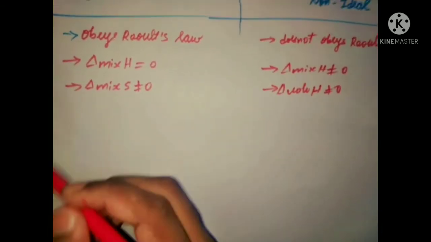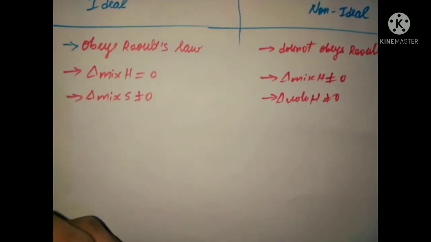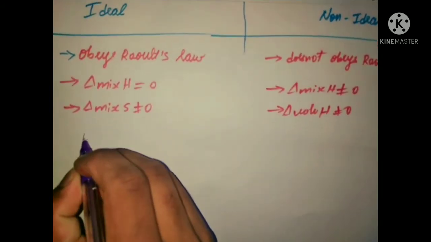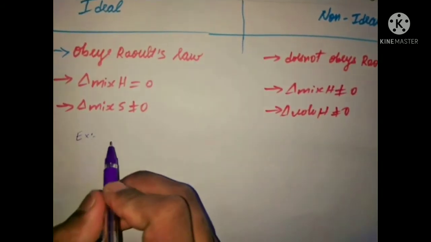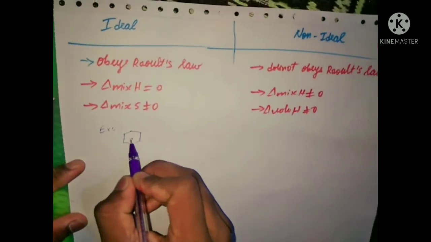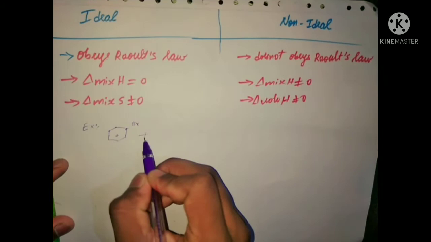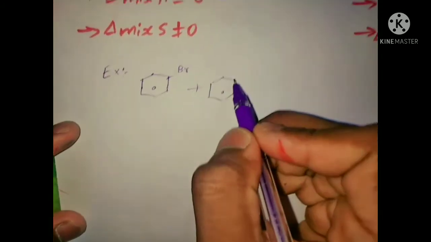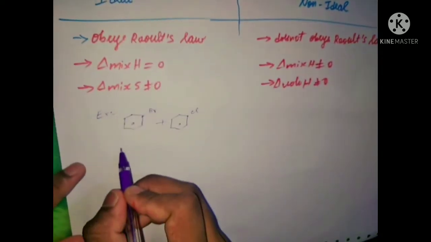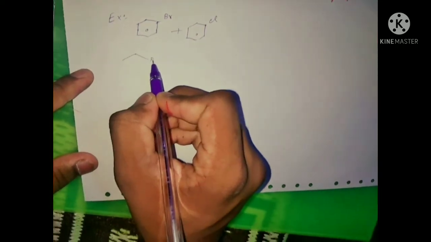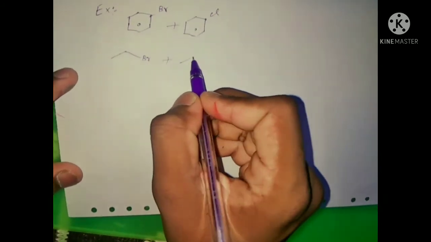Next, I will tell you a few examples of ideal solutions. Ideal: bromobenzene and chlorobenzene. Next, ethyl bromide and ethyl iodide.